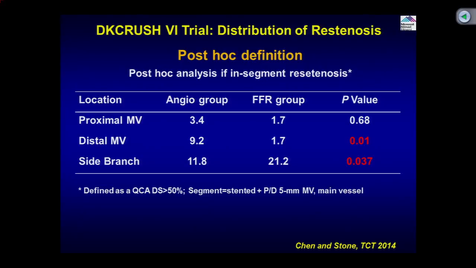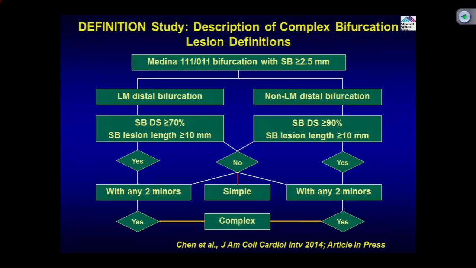But you see that leaving the lesion based on the FFR, you have twice the percent of restenosis compared to PTCA, because slightly more patients require stenting in the angio group. So I would say that overall, what we learned from DK Crush 6 is that FFR has no value, rather it's more tedious in comparison. So just go with what we have been doing clinically.